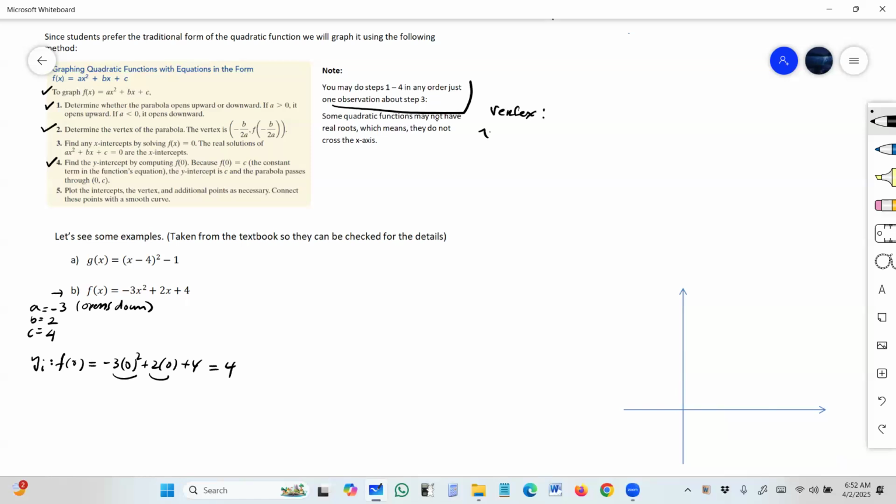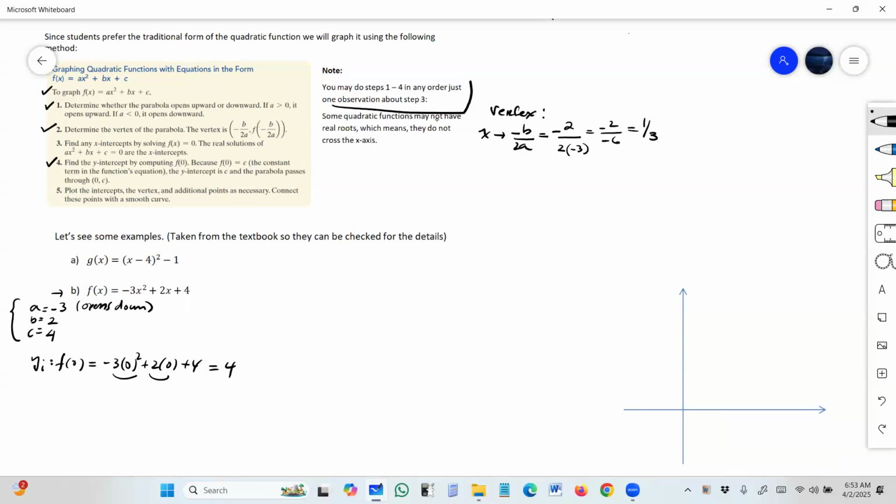The vertex has x coordinate -b over 2a. So the values of a, b, and c are here: -2 over 2 times a, which is -6. So -2 over -6 is 1 over 3.